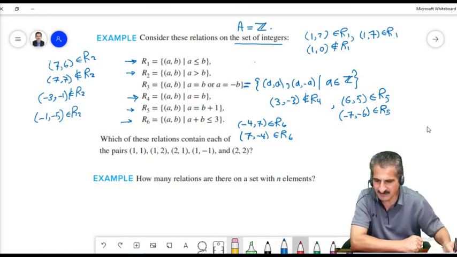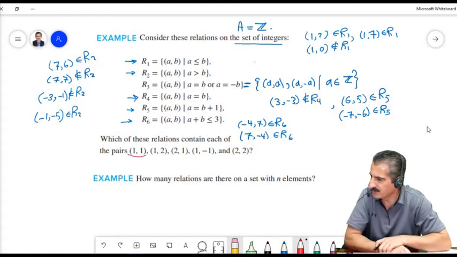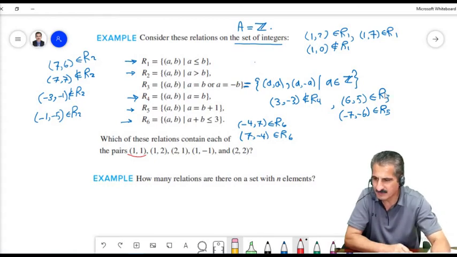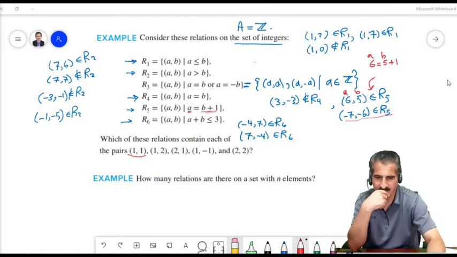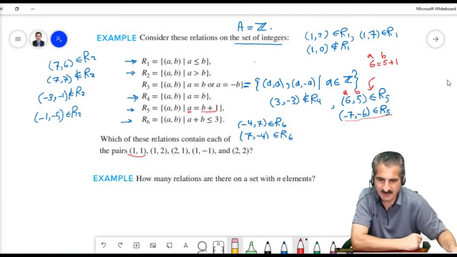We have some ordered pairs. List all the relations above where the ordered pair belongs to the relation. So I need to go back to fix this one. I must say here (-6, -7) belongs to R5, but (-7, -6) does not belong to R5.